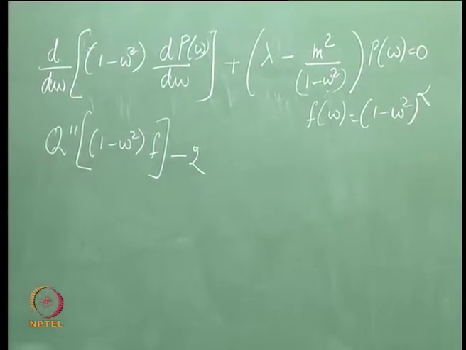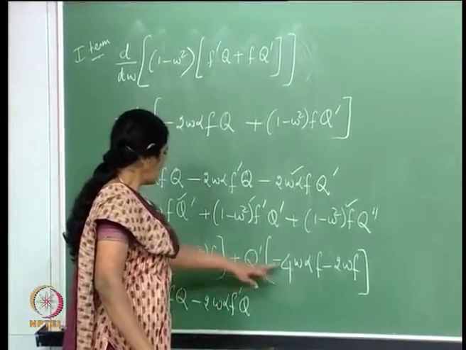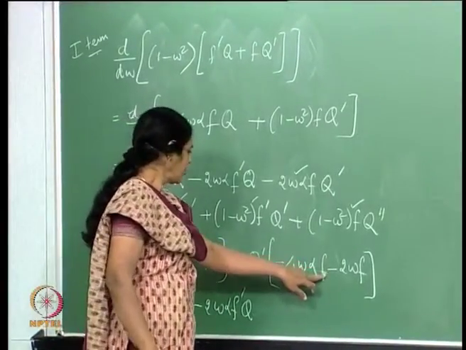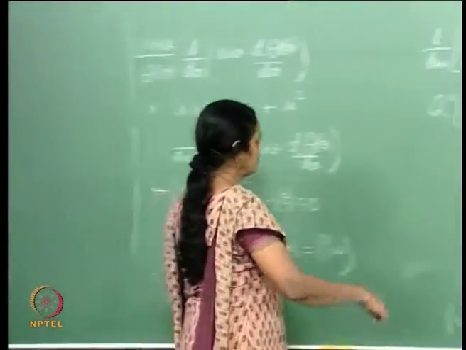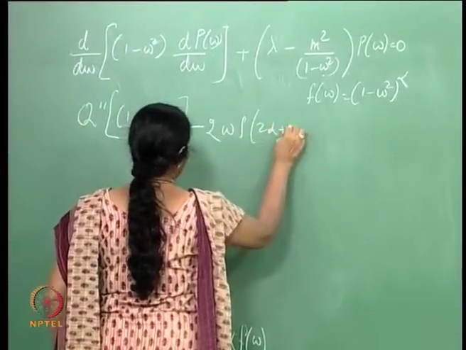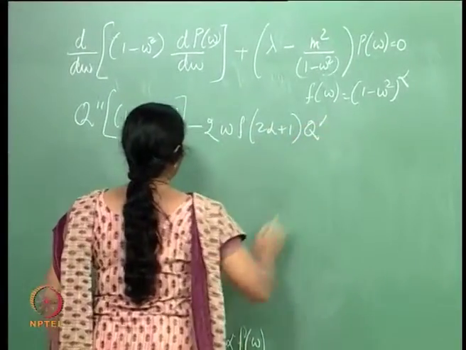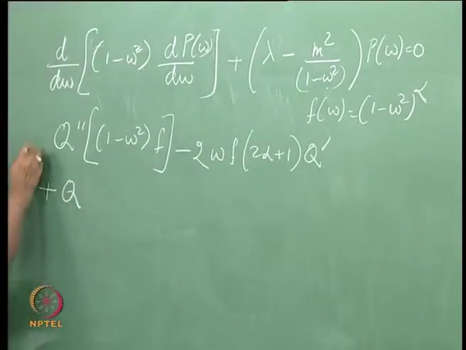I can write this as minus 2 w f (2 alpha plus 1) times q prime, and then I have the q dependent terms.